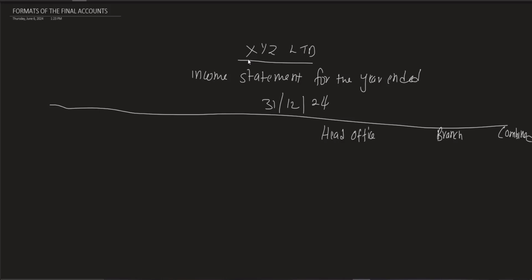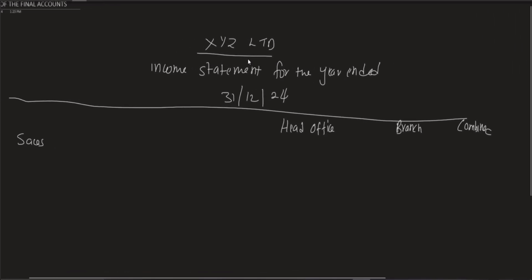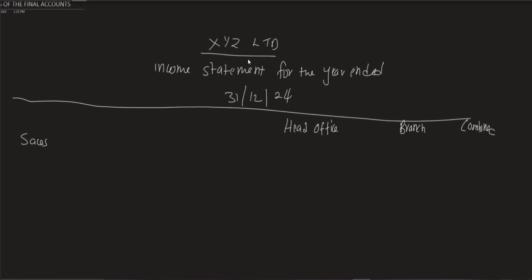And now we start with the sales. So we will record sales for the head office, sales for the branch, and add the two to get the combined sales. And then from here we have goods sent to branch. Goods sent to branch, we record them there.